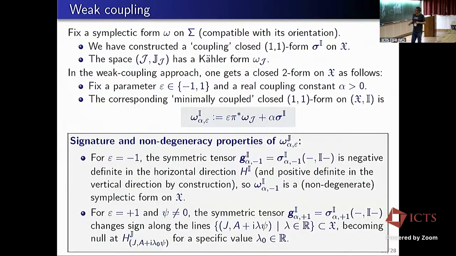And again, we have a similar behavior. For -1, the associated symmetric tensor is negative in the horizontal direction, and by construction, positive in the vertical direction. So this is non-degenerate. And in the case of +1, we have some signature changes along rays, lines.